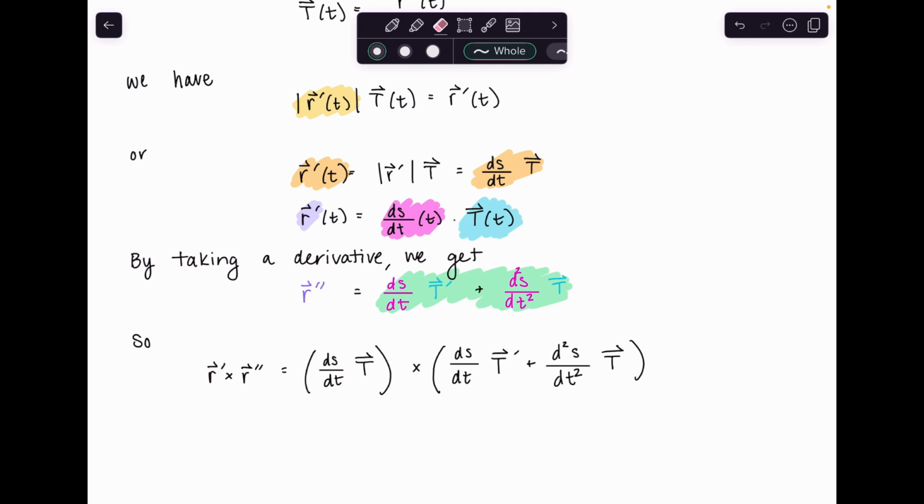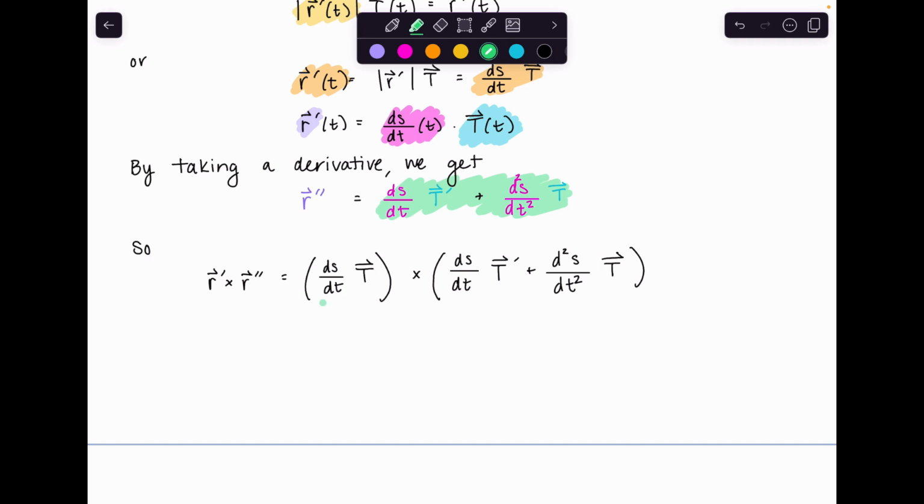So we're getting there. I've got to take this vector, cross product with the sum of these two things. Remember, one of our properties is that cross product does distribute.